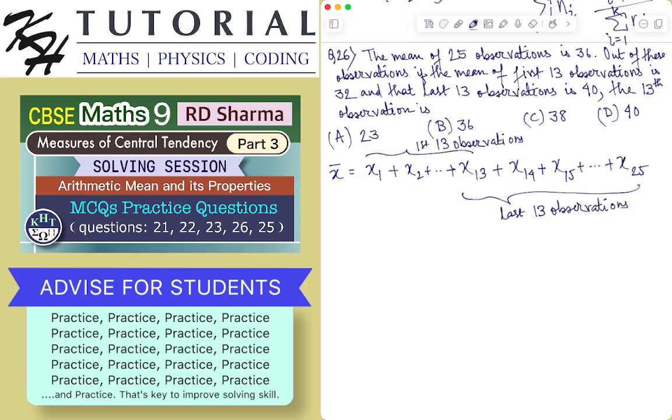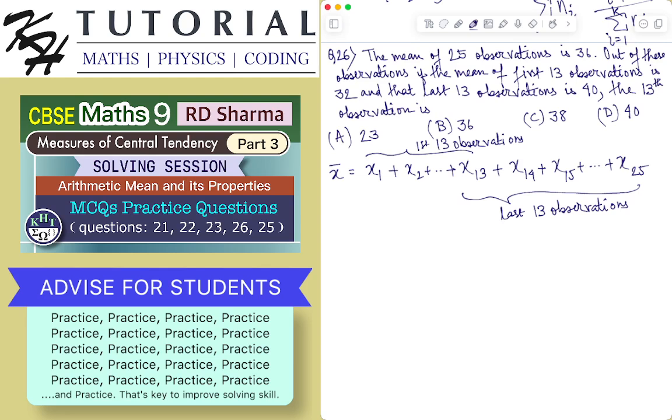Okay. Now what is given? The mean of all the 25 observations is given to be 36. Okay.